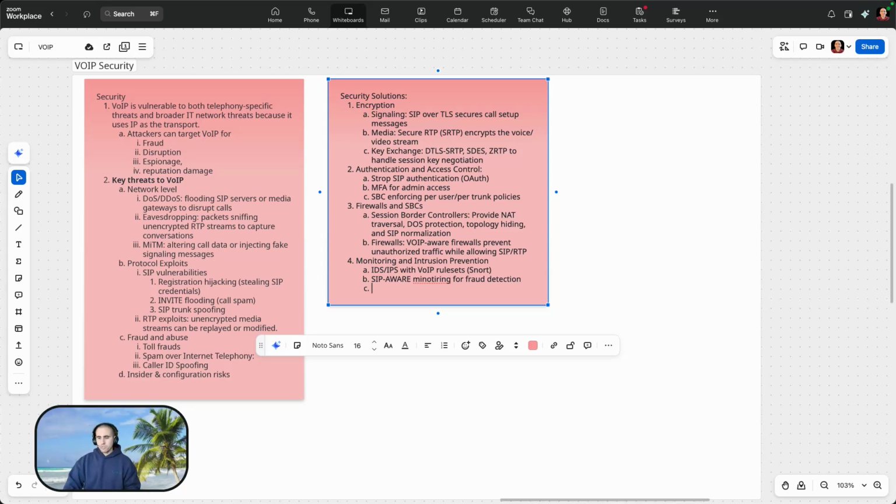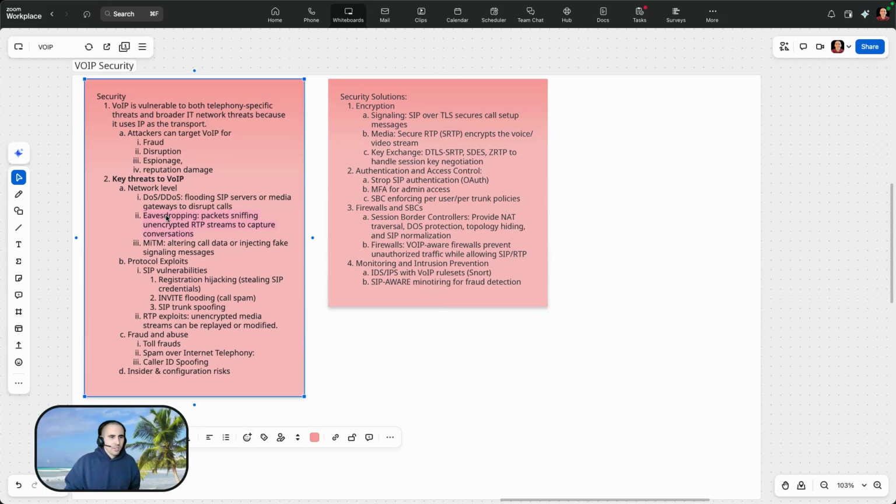Now let's just talk about best practices, right? Encrypting everything is pretty important. That can insulate you from these key threats. Encrypt everything. Use SRTP. Use SIP over TLS. That is going to be the foundation of defense against things like eavesdropping.